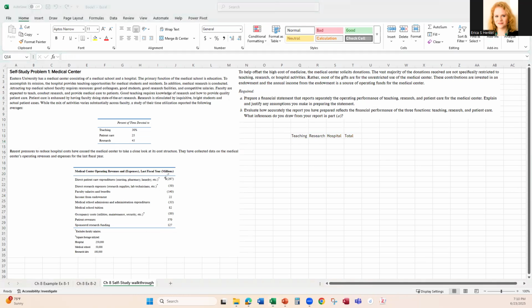So if we look at this, direct patient care here, we've got $297. I'm going to just put this for the hospital, right? In terms of direct research expenses, we'll put that to research, and then faculty salaries and benefits are $140. So we're going to split those out, okay?